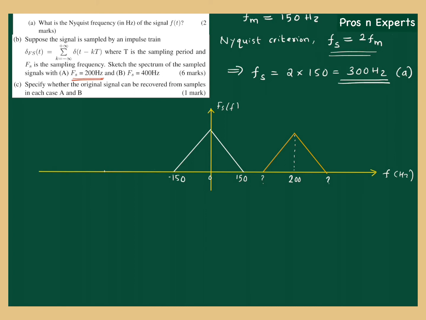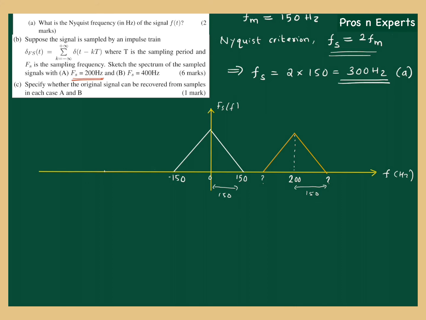Now what will be this value? You can see the spectrum goes from 0 to a maximum of 150. So this length is 150, and naturally this length also should be 150. So what is 200 plus 150? It is 350.